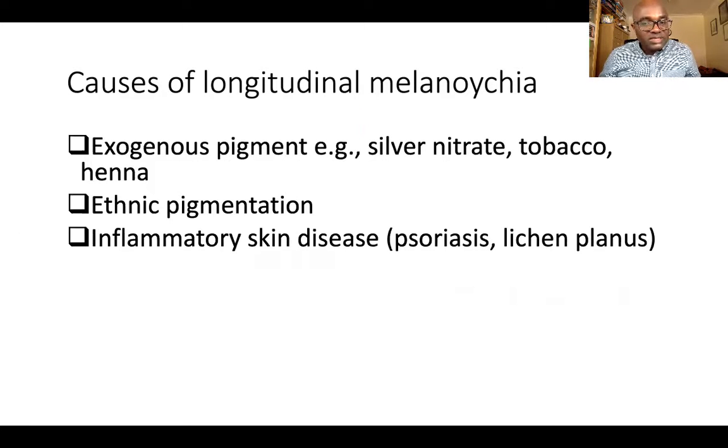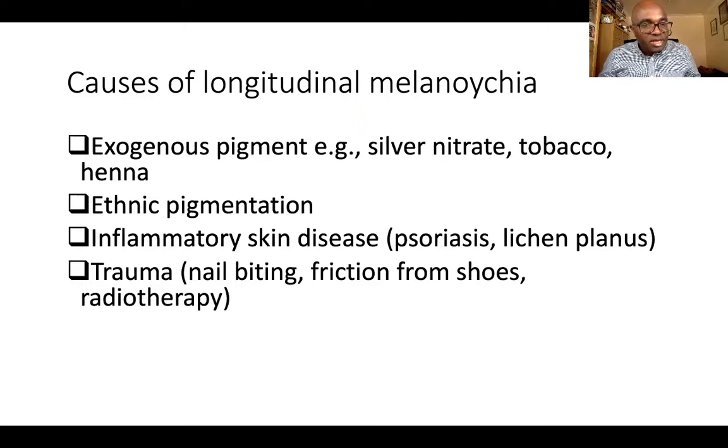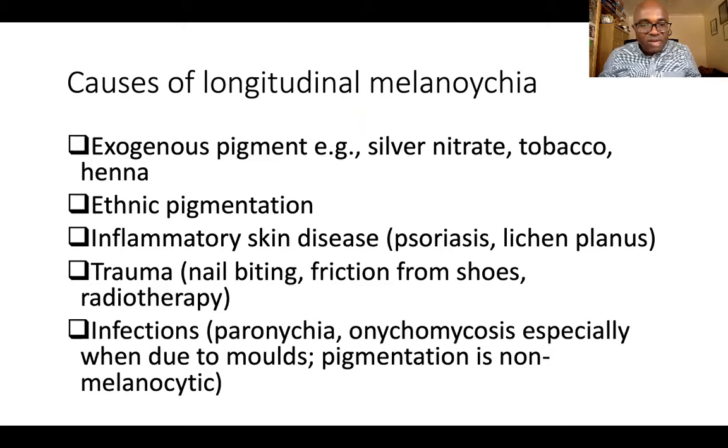Inflammatory skin diseases can present with nail changes. In psoriasis you see pitting, in lichen planus you can see onycholysis, and things like that. The key is whether it is multiple or solitary. If it's multiple, then you're thinking of an inflammatory skin condition of the nail. Other causes include trauma, friction, biting, radiotherapy, and infections, obviously paronychia and onychomycosis.